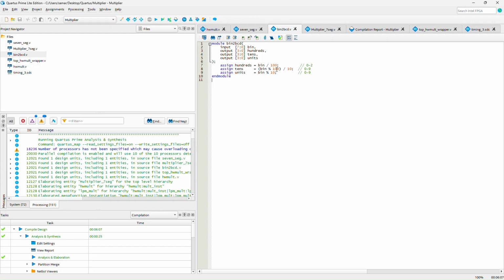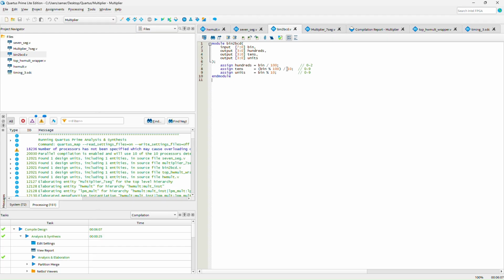Now what do you do to extract the units place? You'd basically use the modulus function with 10, so there you extract the last place. If I take the example of 225, 225 divided by 100 gives the quotient 2, so this is what you'd get here. Again, taking 225 mod 100 means 225 divided by 100, which gives you a remainder of 25, since modulus returns the remainder, and 25 divided by 10 would be 2.